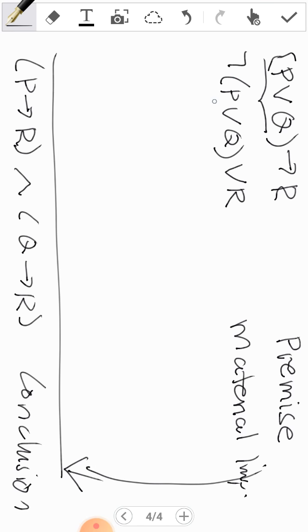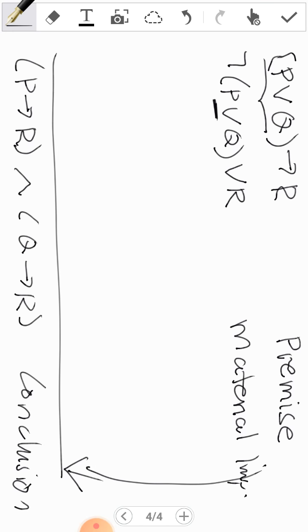Since these propositions are grouped together and it is preceded by a negation, and the connective here is a disjunction, we can use our De Morgan's rule.